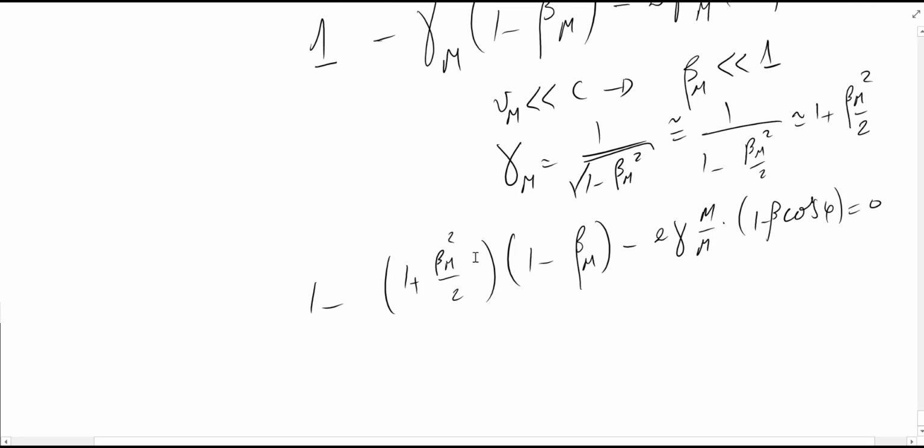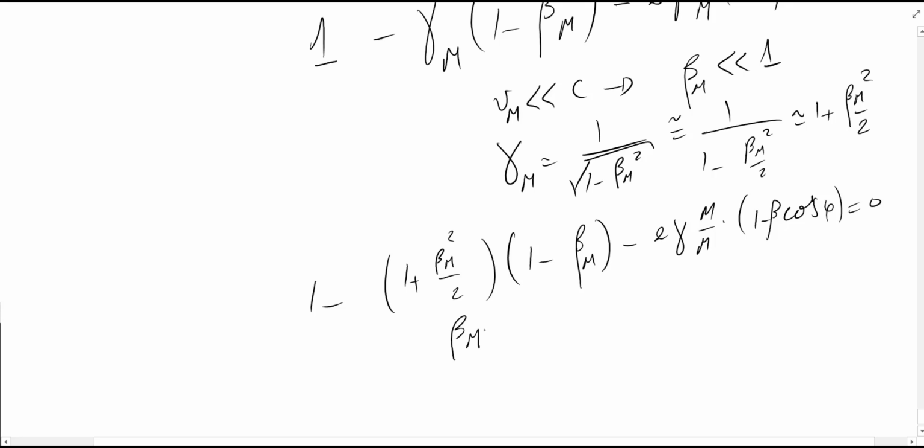The purpose of this exercise is to note the following. If I multiply these two terms, I have 1 times 1, which is 1, but I have a quadratic term in beta m and a linear term in beta m. To keep the leading term, the quadratic term is ignored, so I will be left with 1 minus beta m. The 1 cancels the other 1, and the minus becomes positive, so this should be beta m.